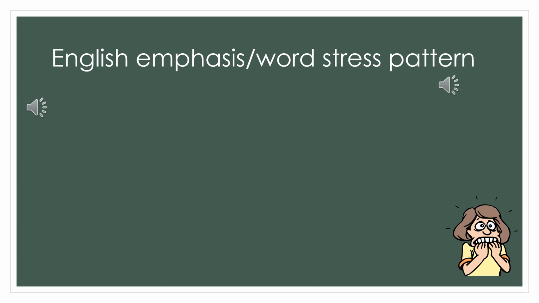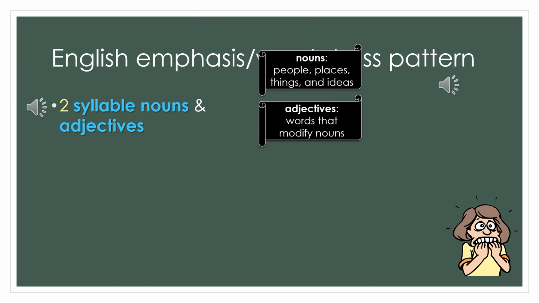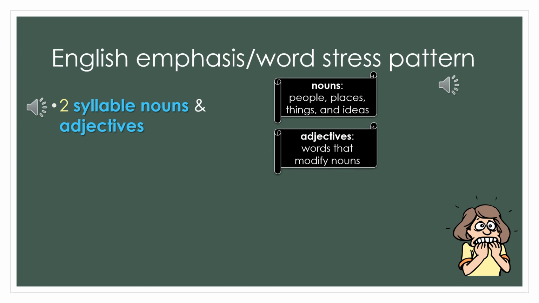Let's talk a little bit about English emphasis or word stress patterns. We are going to talk about 3 different kinds of emphasis patterns. The first one is 2-syllable nouns and adjectives. Remember, a noun is a person, place, thing, or idea, and an adjective is a word that modifies a noun.